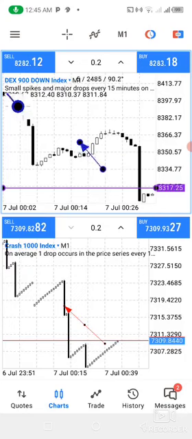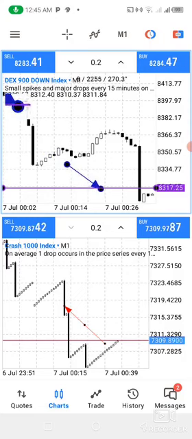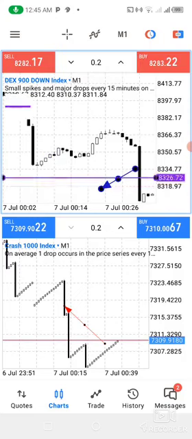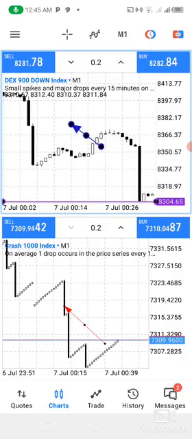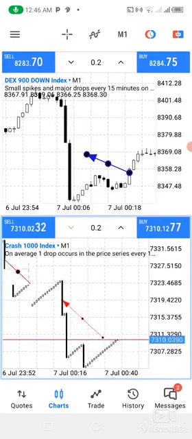We also have drops in DEX 900 index, but the way this is programmed is that more than one drop can occur in a series, which also happens in a crash market.